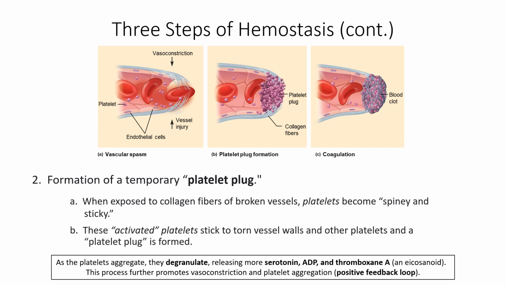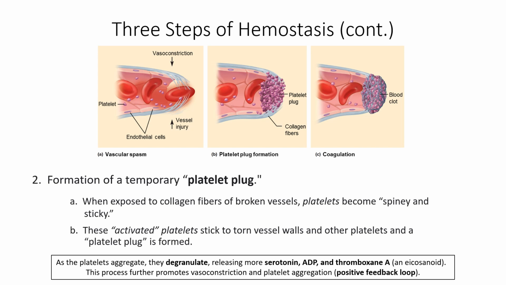And the different granules are serotonin, ADP, adenosine diphosphate, and thromboxane A, an eicosanoid. These molecules that are released further promote vasoconstriction and platelet aggregation, resulting in this positive feedback loop.